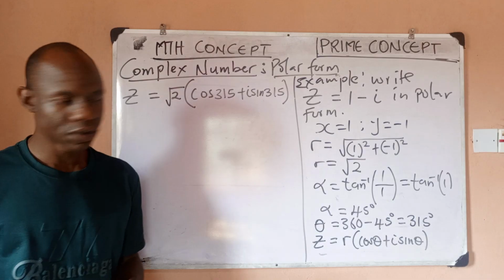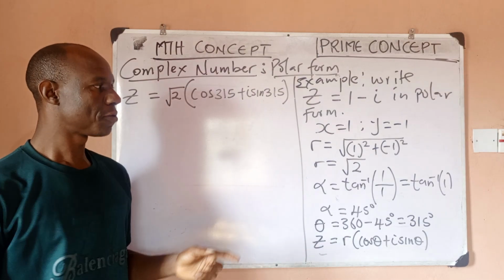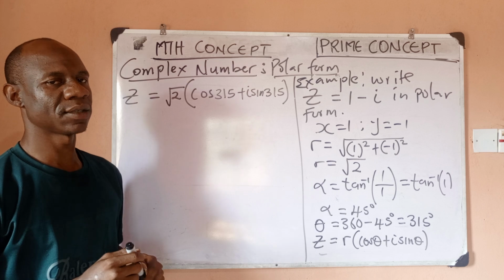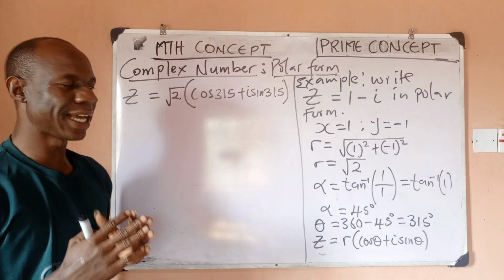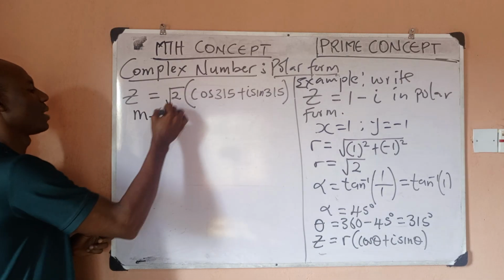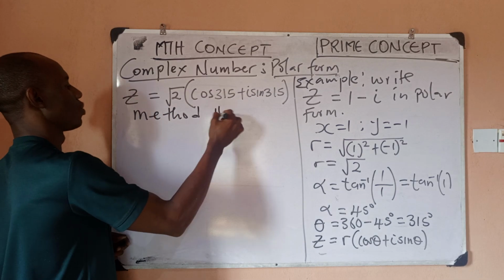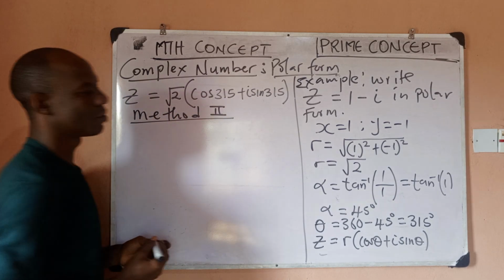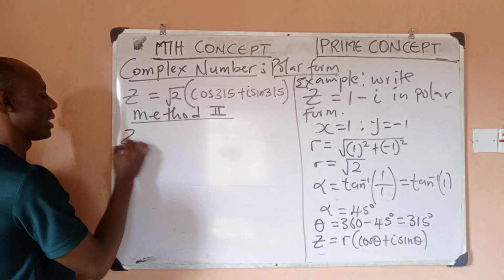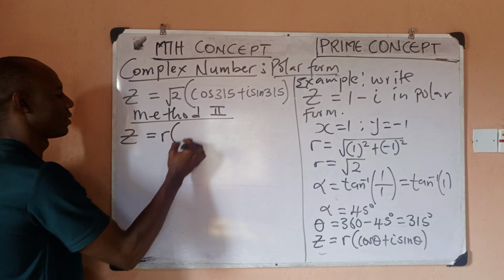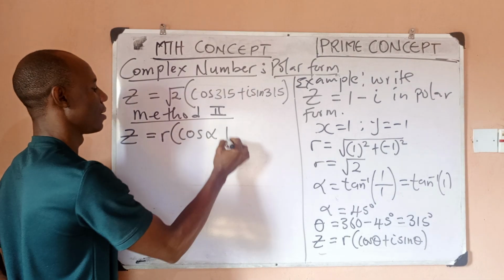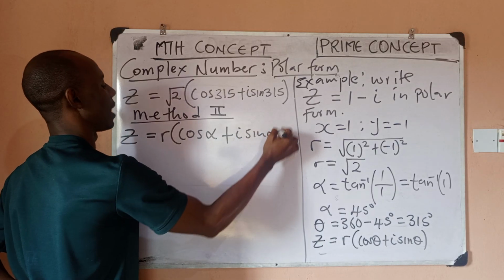Now, the second possibility for solving this problem is considering the sine of the angle. So for the second way, let's call it method 2, the second method for solving in polar form is to use the formula z equals r into, this time around, cos alpha, not theta, plus i sine alpha.